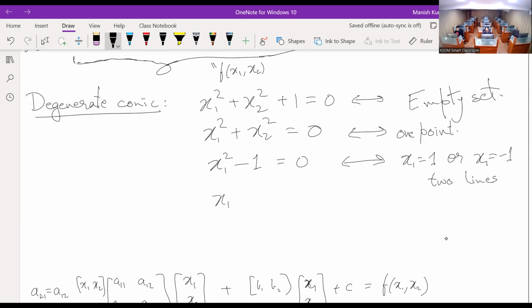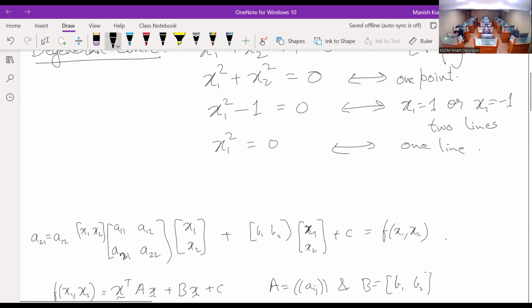Yes, this one will give you the x2 axis, so to speak. So 1 line. There are many possibilities of degenerate conics.